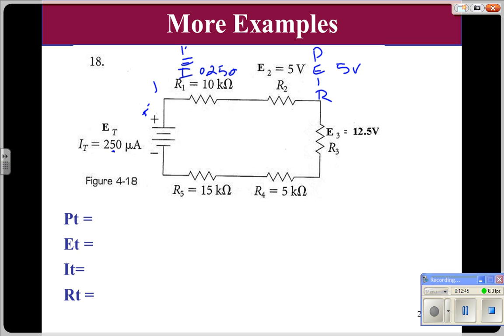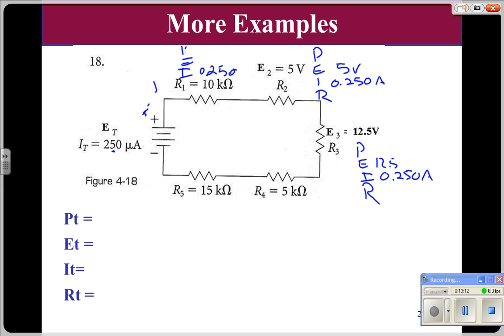But we also have 0.250 amps. Right? So we have two things there. We have two things here. We have voltage here, and we have a voltage of 12.5. We have a current of 0.25 amps.